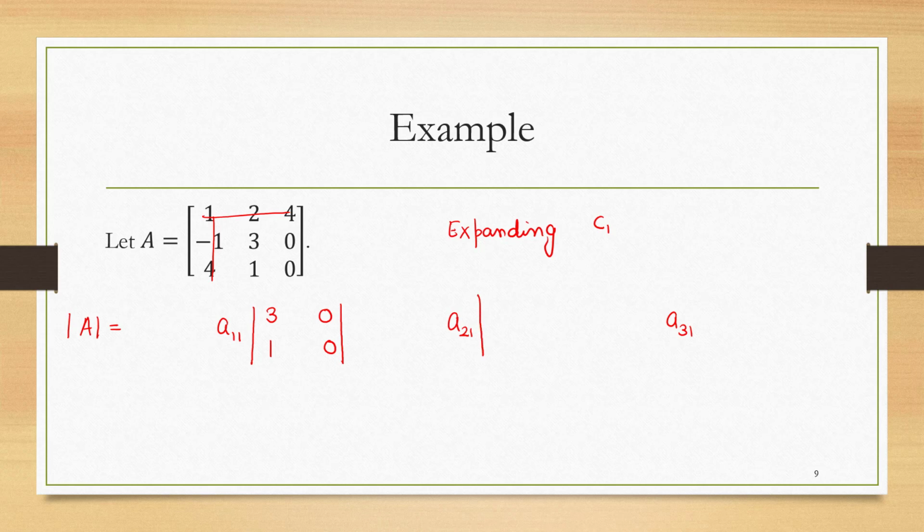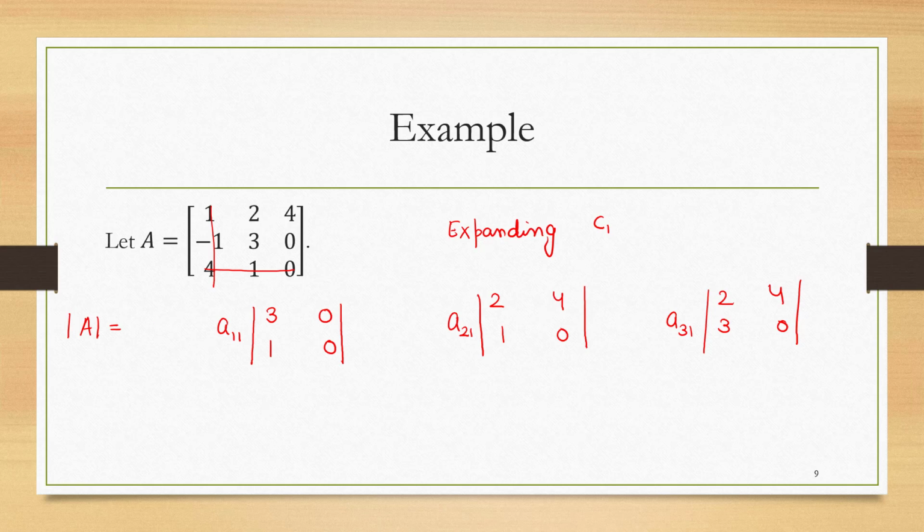Again with A21, 21 means second row, first column. We get 2 4 1 0. We have to write this determinant in the order they are arranged here. We can't change this order. A31, so leaving the third row and first column, we get 2 4 3 0.